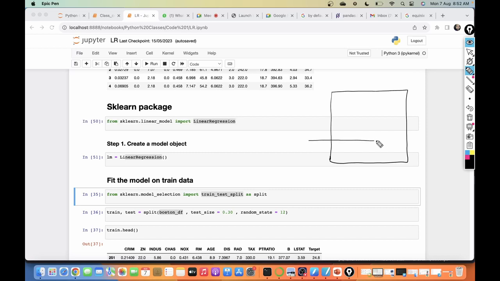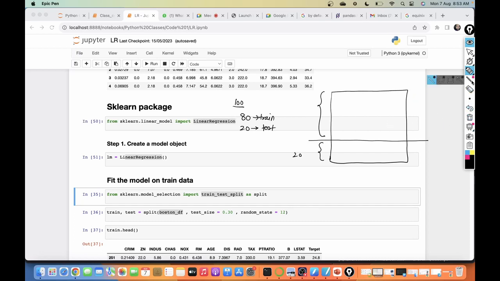If I'm cutting it here, for example, we have 100 records, and I'm keeping 80 records in train and 20 records in test, right? It doesn't mean the top 80 records will go into train and the bottom 20 records will go into test. It doesn't mean that. It is just a way of representation. Randomly, just try to understand.